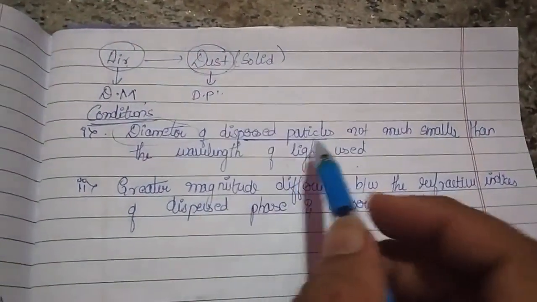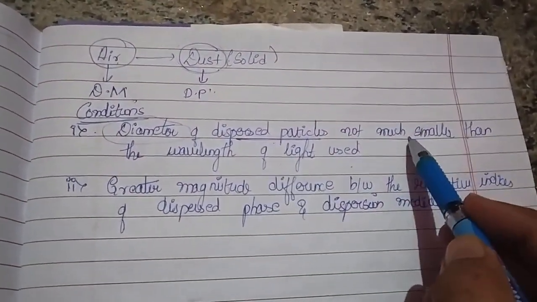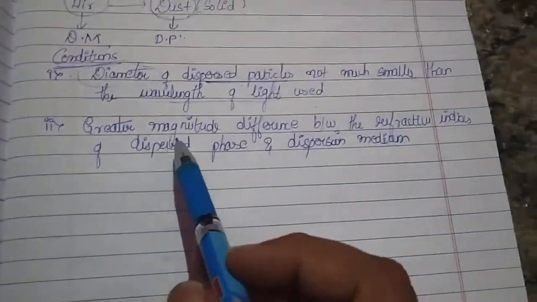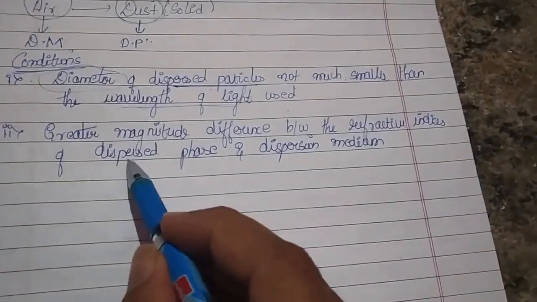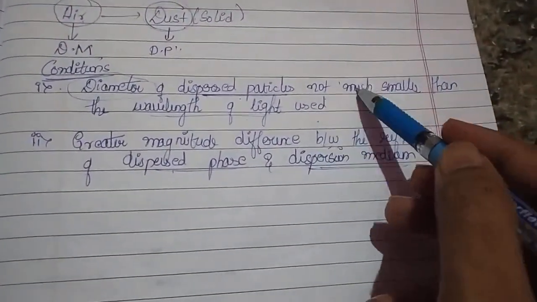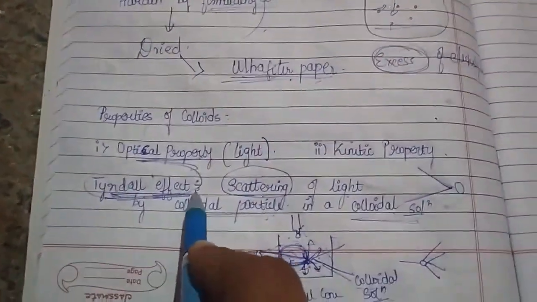First, the diameter of your dispersed particles should not be much smaller than the wavelength of the light used. And the second one, there should be a big difference in the magnitude of the refractive indices of your dispersed phase and the dispersion medium. Only when these two conditions exist can we observe the Tyndall effect. What is this Tyndall effect?